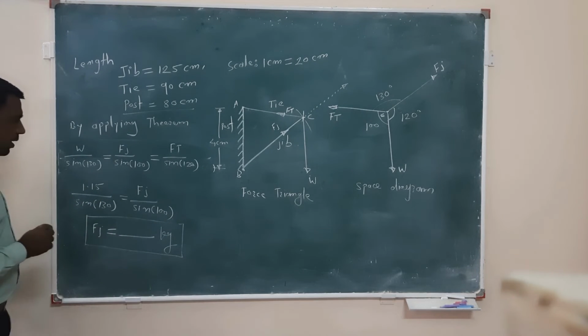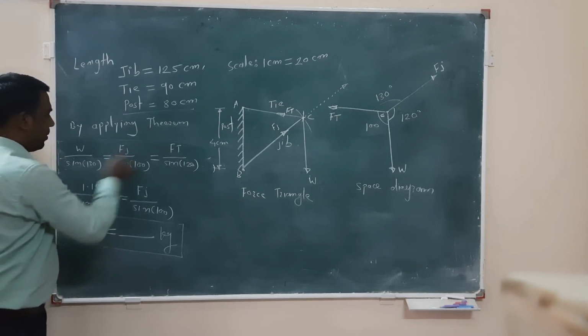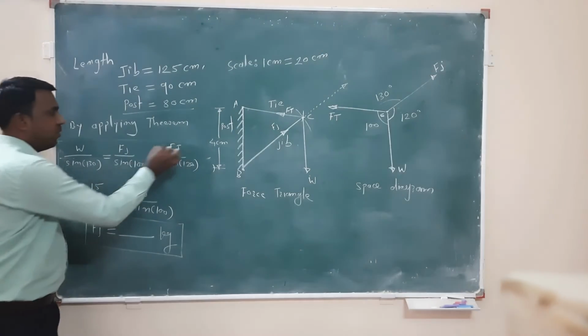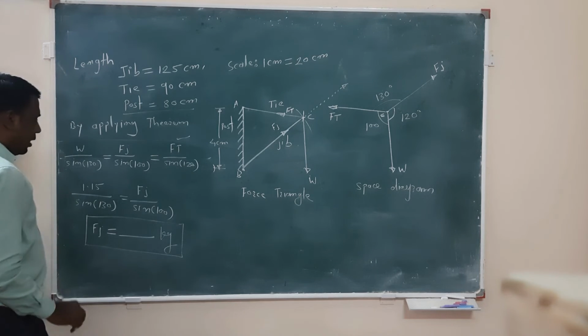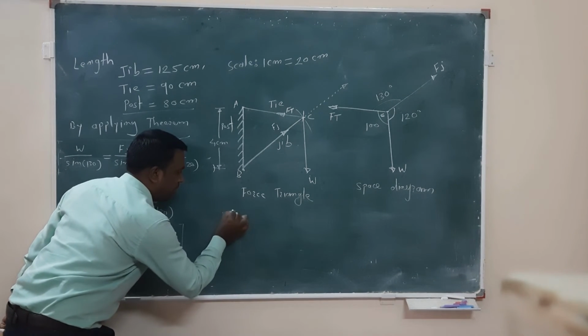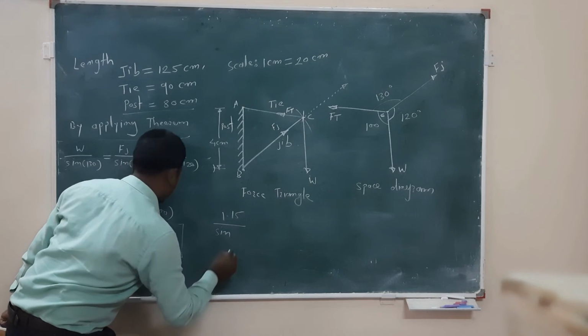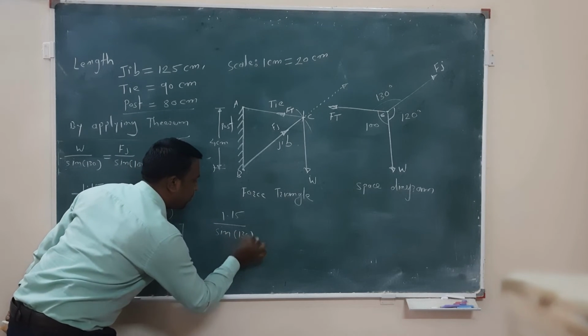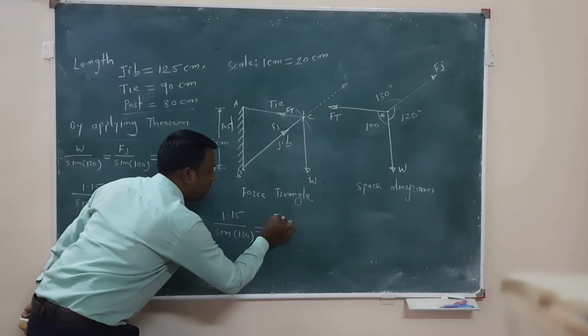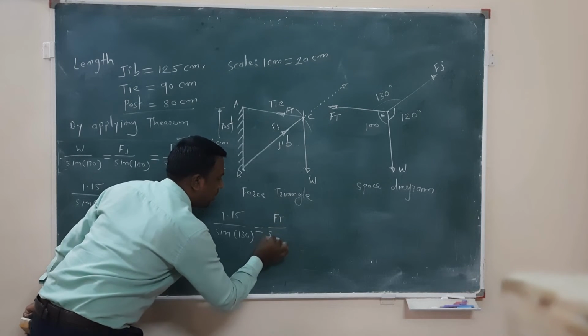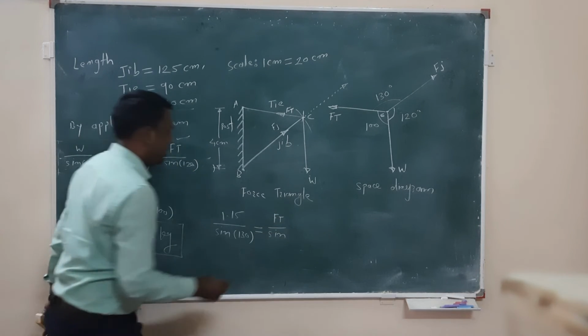Similarly, you have to use the first and third equations to find the value of Ft. So the equation to find Ft will be 1.15 divided by sine of 130 is equal to Ft divided by sine of 120.